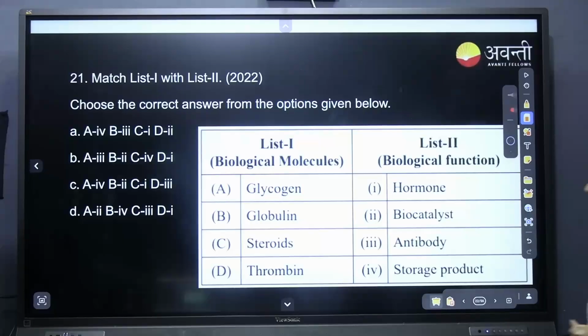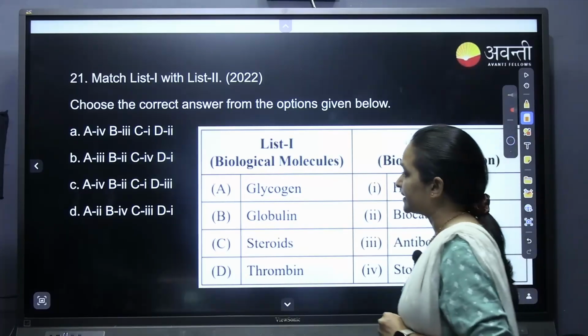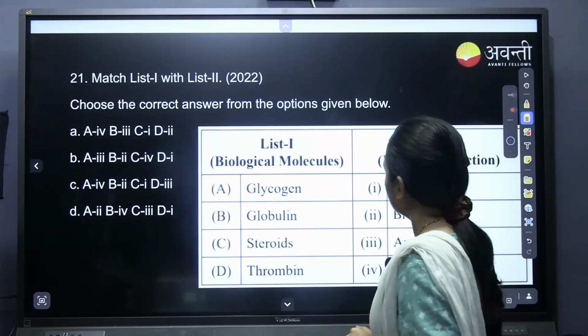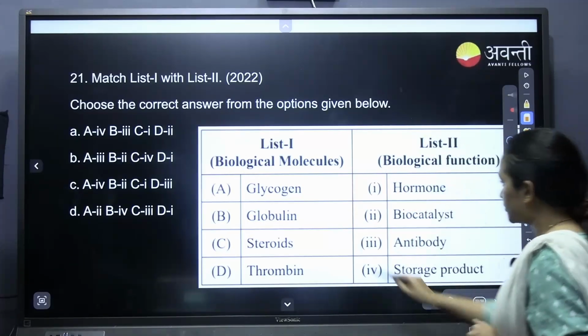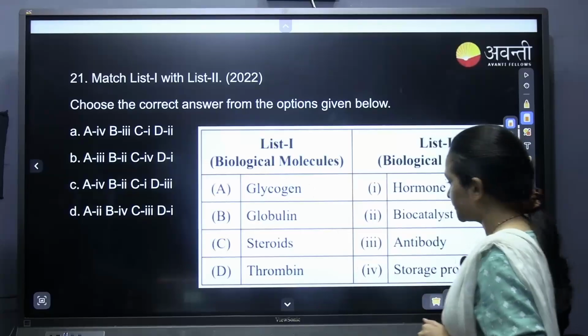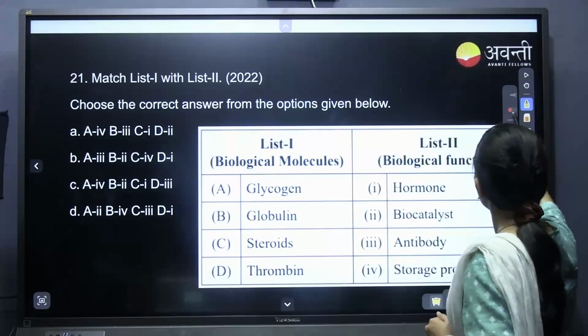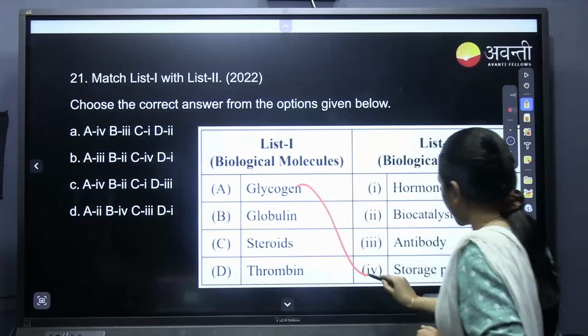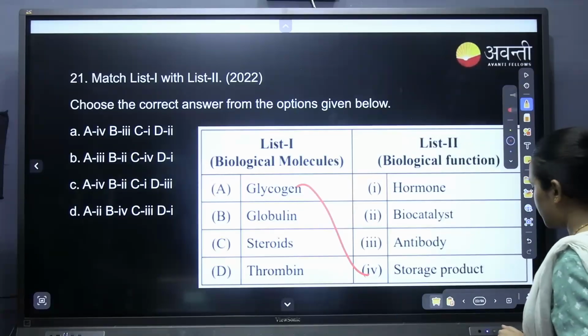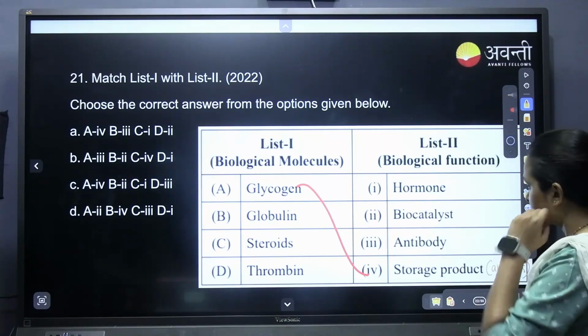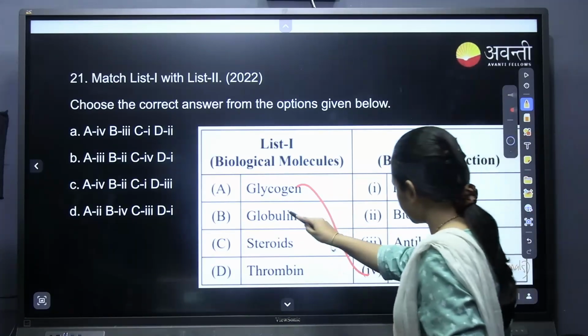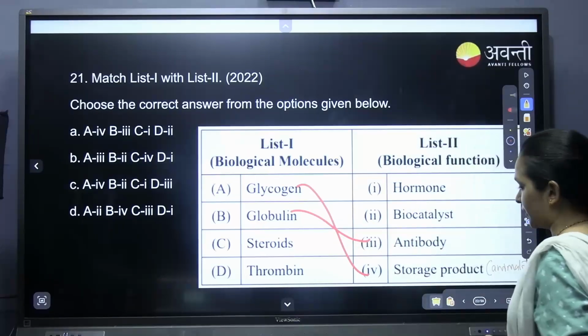Now match list 1 with list 2. Glycogen, you know what glycogen is? Glycogen is a stored product in animals. Globulin is an antibody.